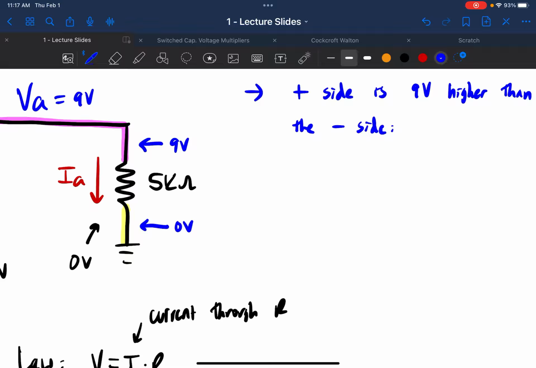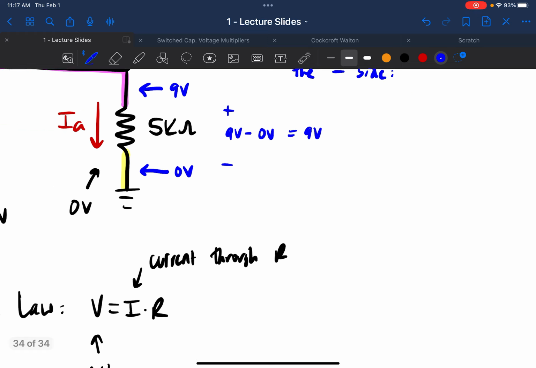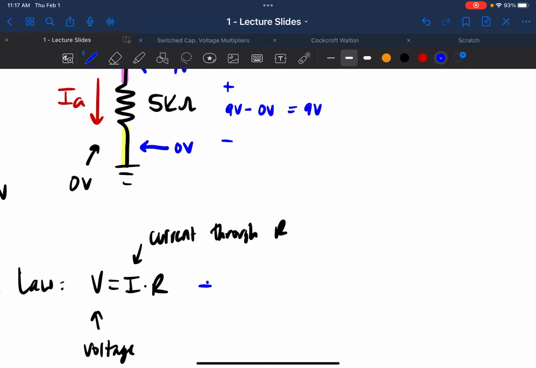So my voltage drop across my resistor is 9 minus 0, or 9. That becomes my V in this equation. I'm trying to find IA, and I know that my R is just 5 kilo ohms, which is given. So to determine IA, I can divide both sides by 5 kilo ohms.